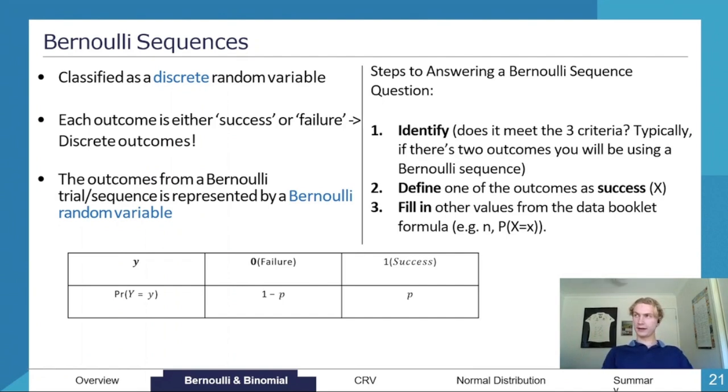Now, I've defined from memory a couple of key steps for a Bernoulli sequence question, and these ones are pretty universal, so I reckon this is worth writing down as well. First of all, and I will note more broadly in a more meta sense, if you can write out the steps for answering questions generally, go through the objectives and work out what steps there are to answer those generic questions.